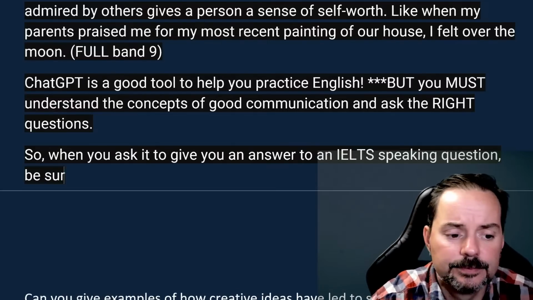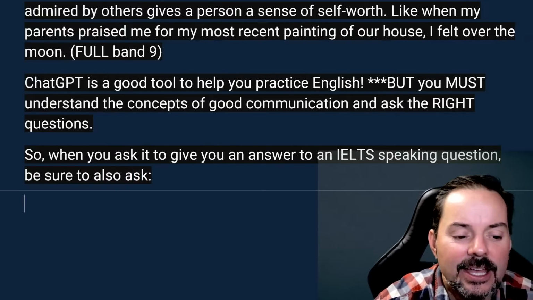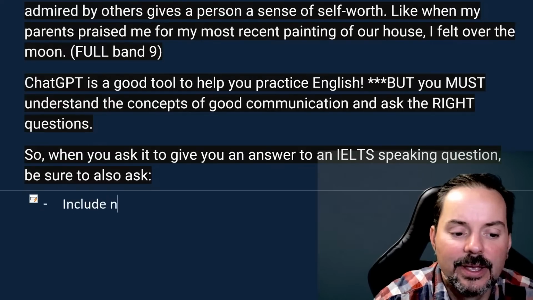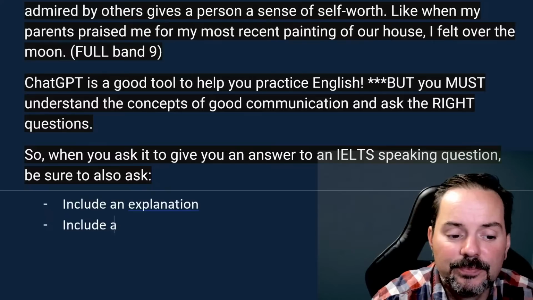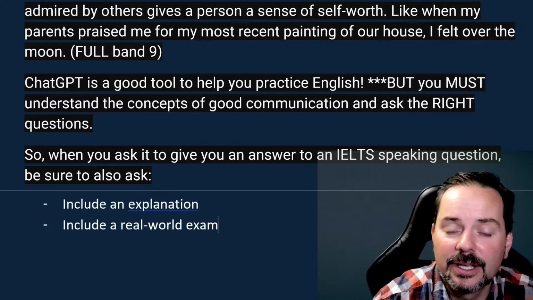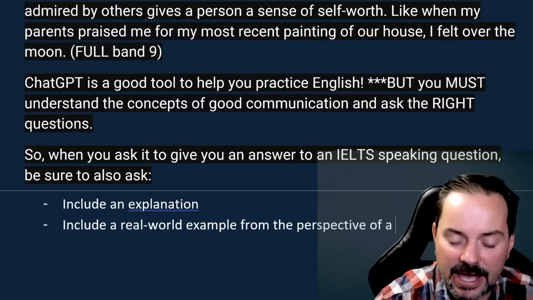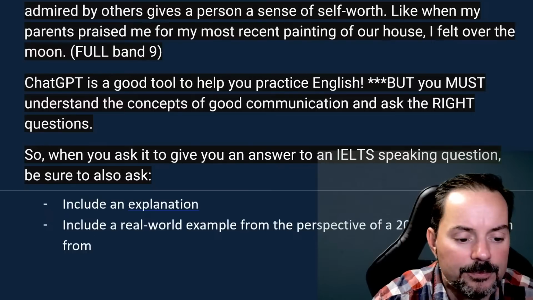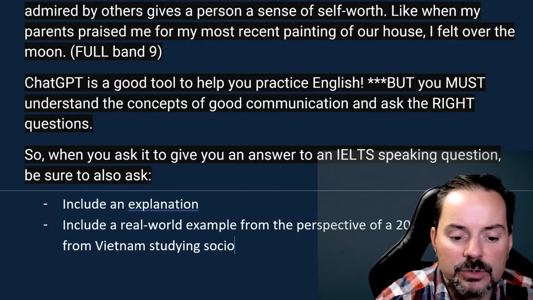Be sure to also ask, include an explanation, include a real-world example from the perspective of a 20-year-old woman from Vietnam studying sociology.